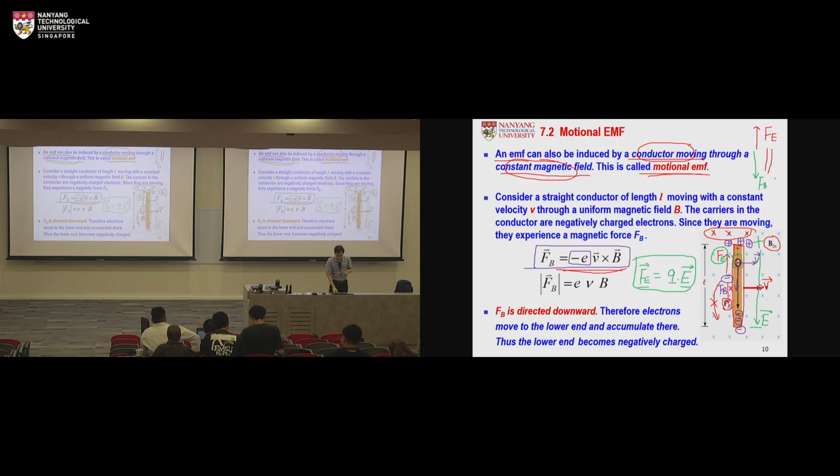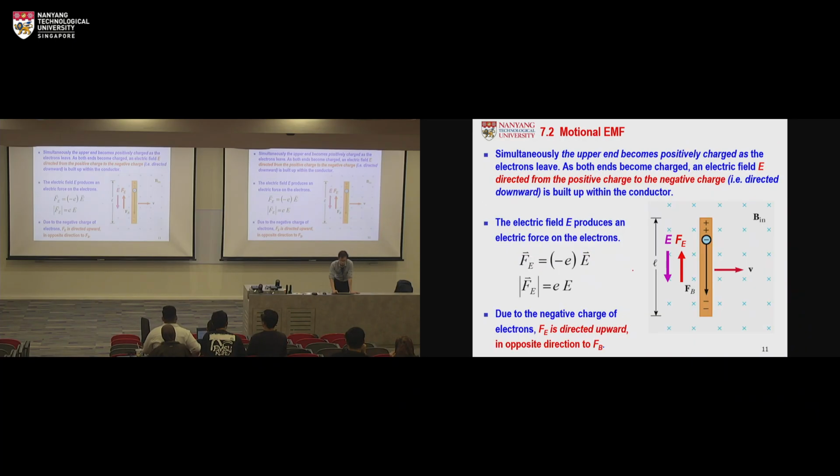And once you figure out this defining condition, Fe equals Fb, you just write them equal, and you will find this defining condition in terms of V and B. Right? So here is the analysis we did just now.